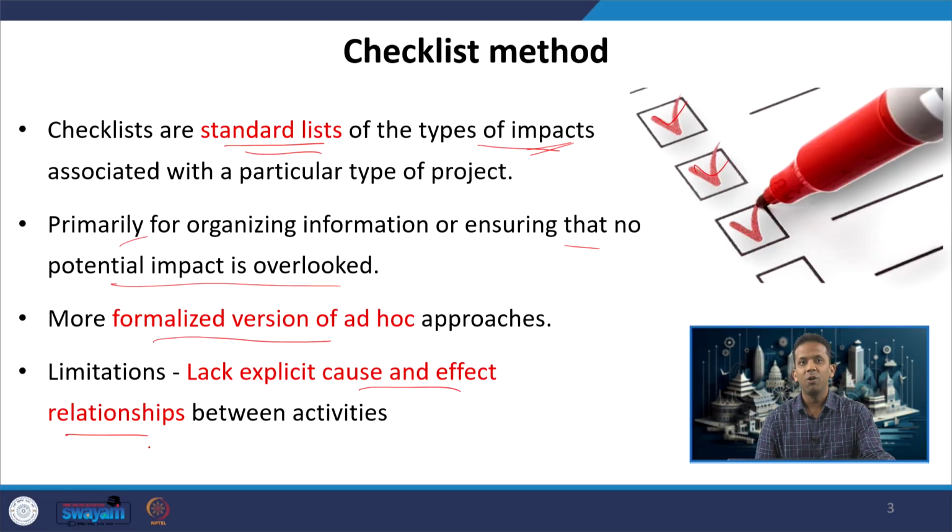In checklist or in ad hoc, this explicit cause and effect relationship between the activities or the impacts is lacking. Those are the limitations for both ad hoc and checklist, but still it is one of the preferred methods depending on the availability of resources, time and the scope of activity.